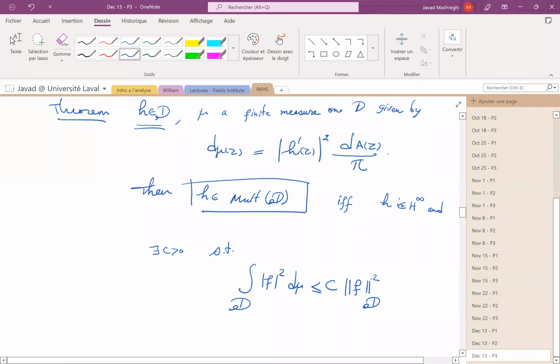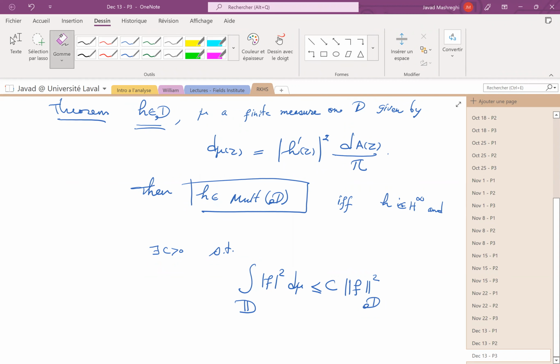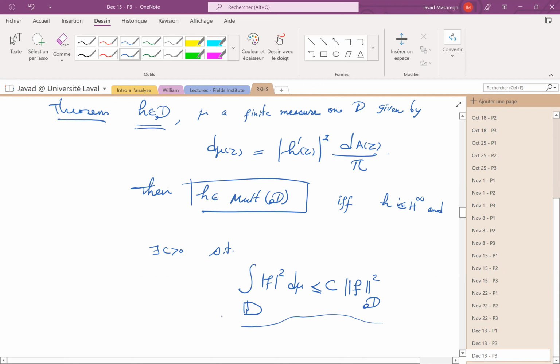This D is not the Dirichlet space, that's the open unit disk. They are not the same. So that's the definition of a Carleson measure for the Dirichlet space. Of course, it has to be bounded too.